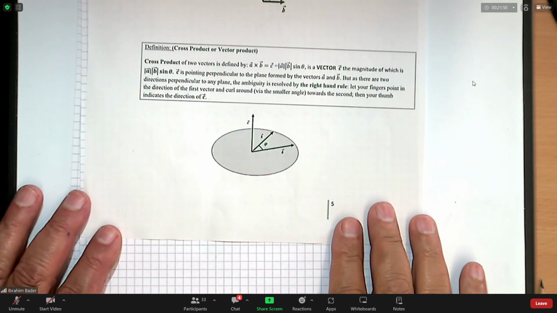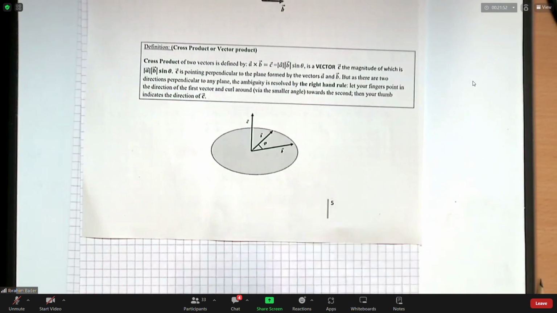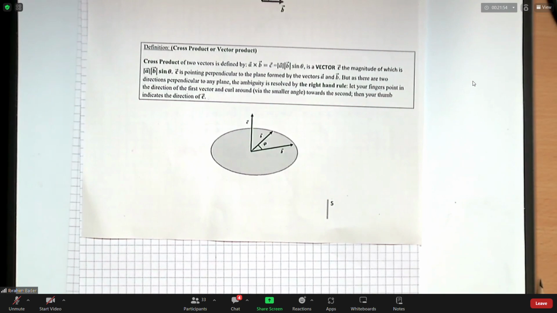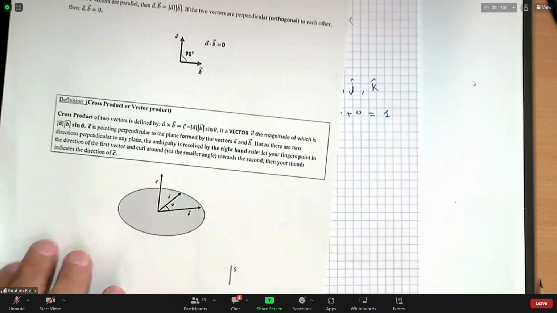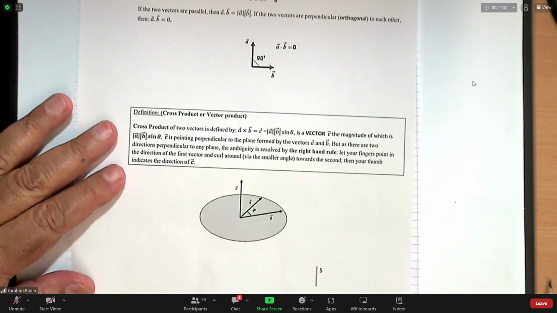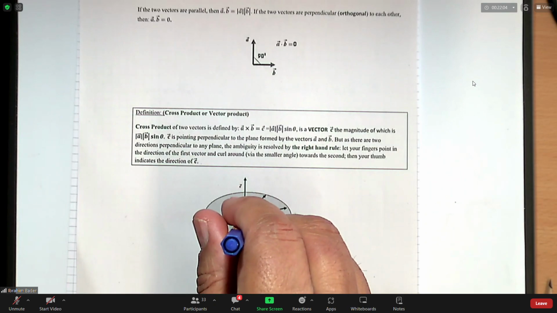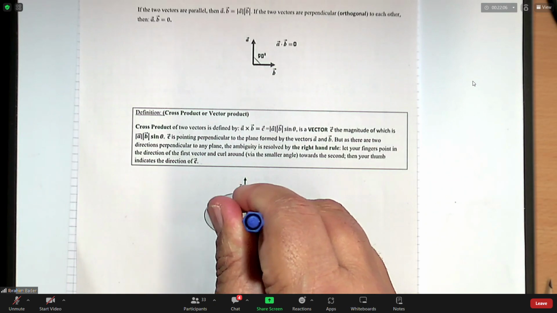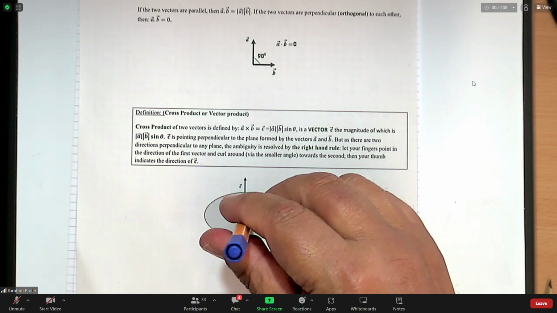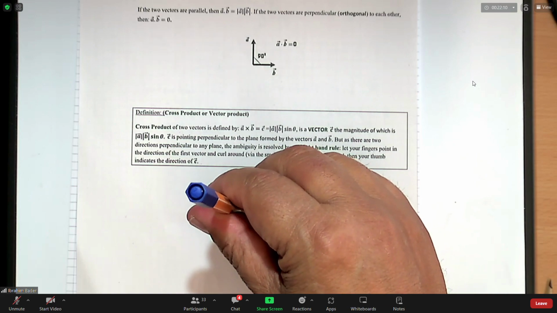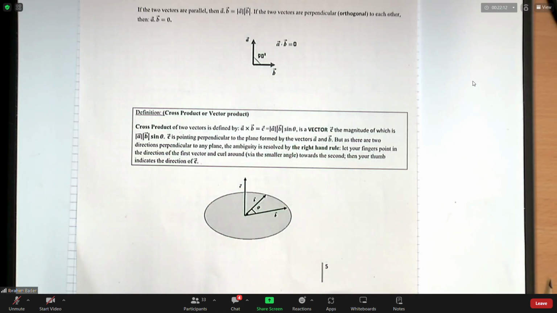This shaded area means it's on the same plane. This is this direction, while this one is perpendicular to this plane, and the other one is perpendicular from the other side. So this is the meaning of negative.